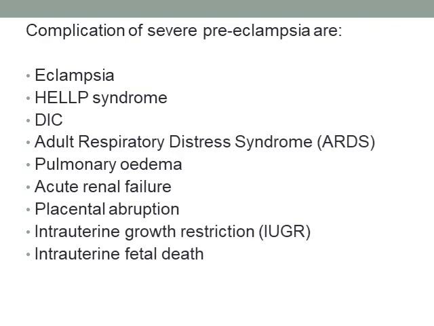The second one is HELLP syndrome, DIC, which is disseminated intravascular coagulation, adult respiratory distress syndrome, pulmonary edema, acute renal failure, placental abruption, intrauterine growth restriction, which results from decreased placental blood flow to the fetus, and therefore there will be fetal hypoxia associated with intrauterine growth retardation. And lastly, if we do not deliver this baby and there is no intervention, it might end with intrauterine fetal death.